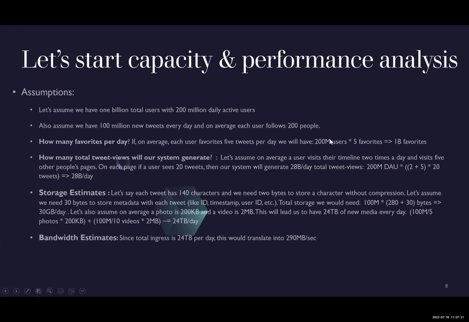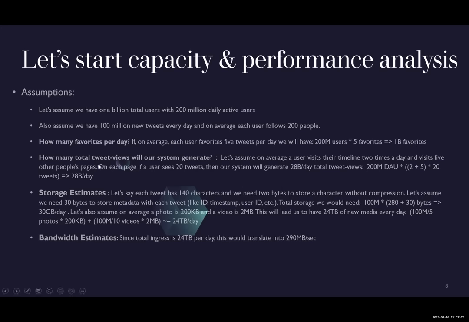So we have active customers as 200 million. Each user can mark on average 5 tweets as a favorite, right? Which means that it is 1 million favorites. If you see the calculation, on a given day, there will be 1 billion tweets which are marked as favorite.